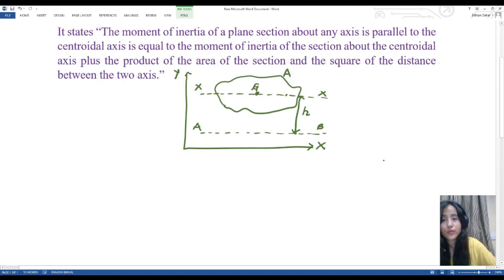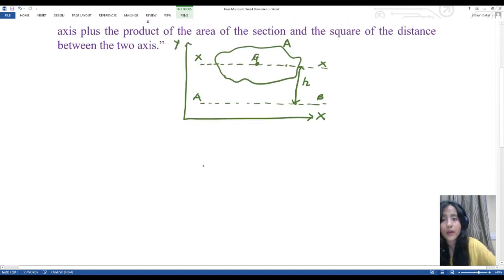Now I want to find the moment of inertia about IAB. This IAB is any plane which is running parallel to this centroidal axis, the x-axis of this irregular plane, right?